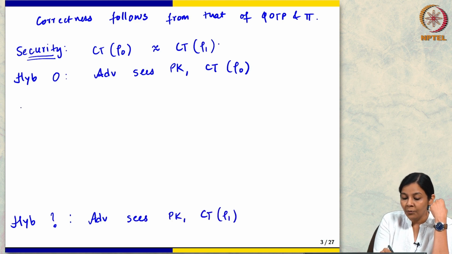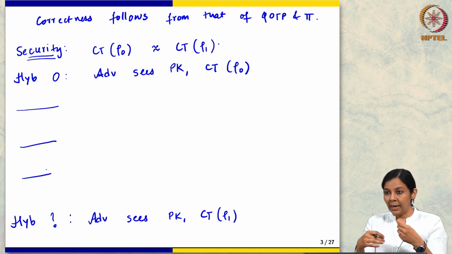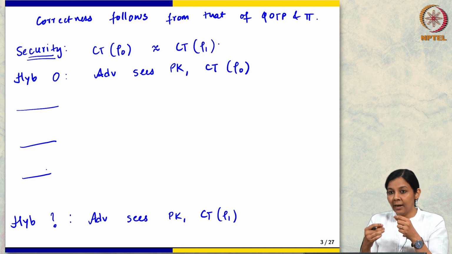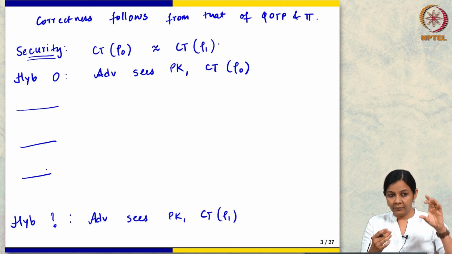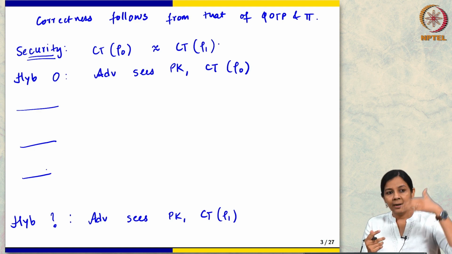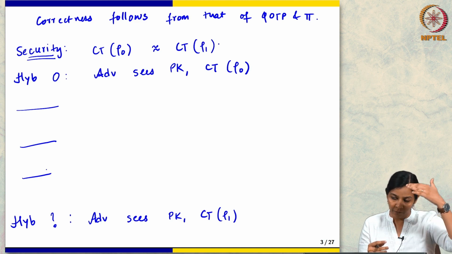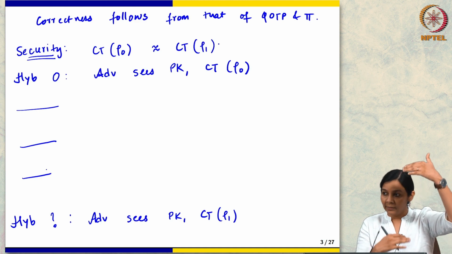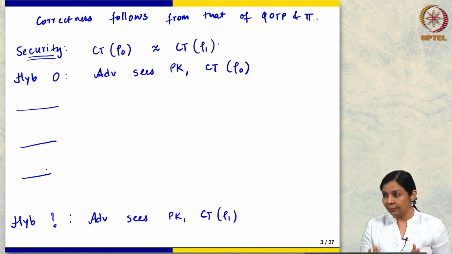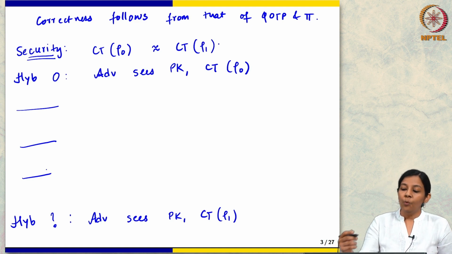I want to change the distributions little by little, so that I can argue that subsequent distributions are indistinguishable, and as long as I do not do too many of these changes, then the first and the last distribution can be argued to be indistinguishable, which is what I am hoping for. So, how will I do this transition?